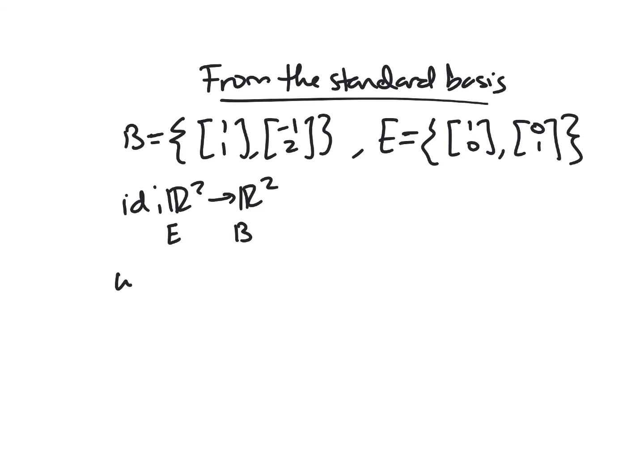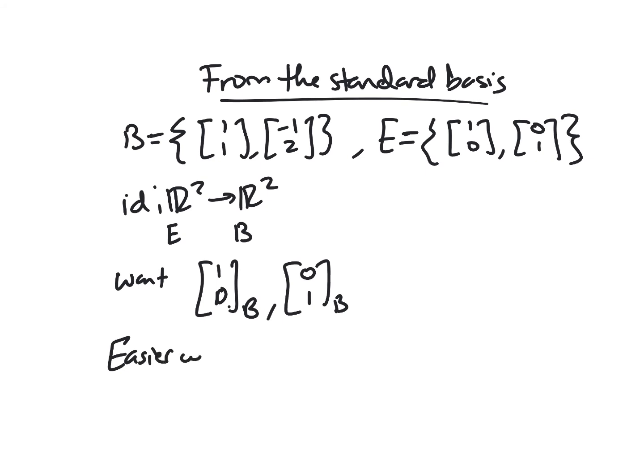And so you would want the coordinate vector of (1, 0) in terms of (1, 1) and (-1, 2), and the coordinate vector for (0, 1) as well. And so that's not as obvious, right? I mean, you can definitely solve for it, right? It would be a pretty quick process, but there's an easier way.